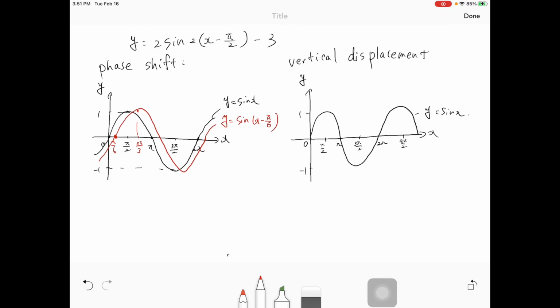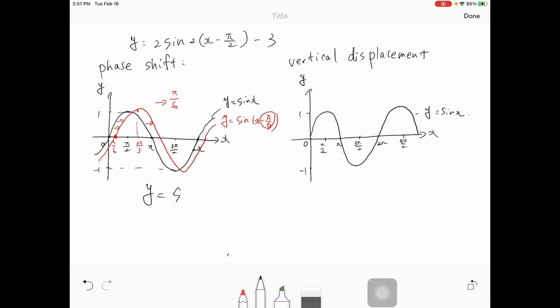So actually, it looks like the graph shifts this way. It's called phase shift. And how much it shifts depends on this value. So in this case, x minus pi over 6, it shifts right pi over 6. This is how it works.